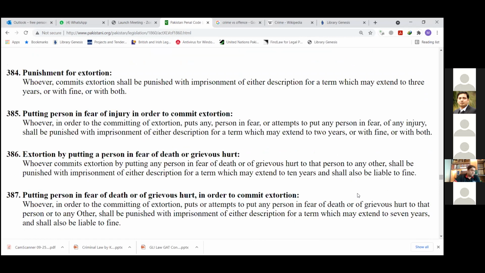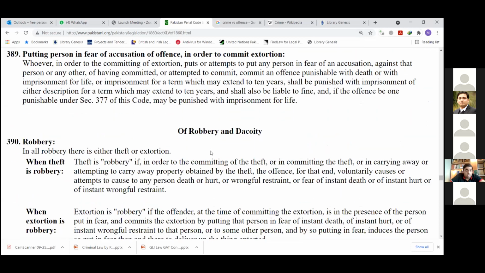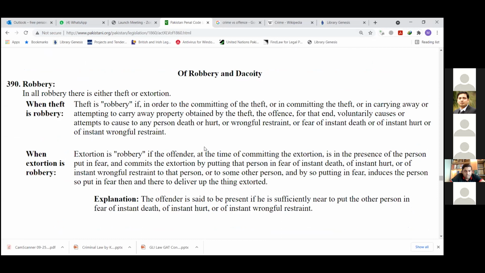Then again, the offense of extortion is aggravated by surrounding circumstances. And in this relation, there is this part of this chapter which relates to robbery, section 390.